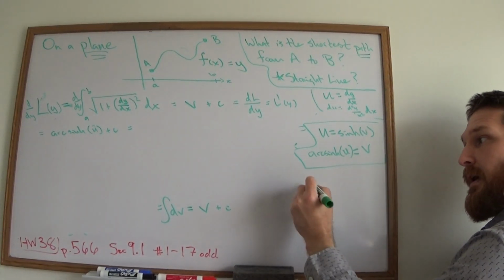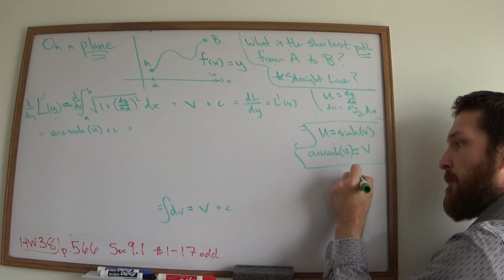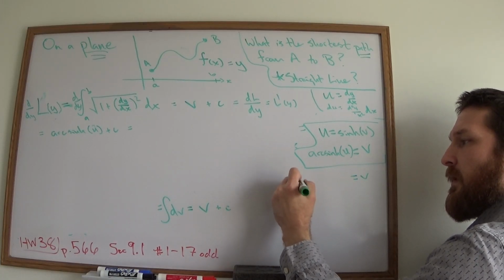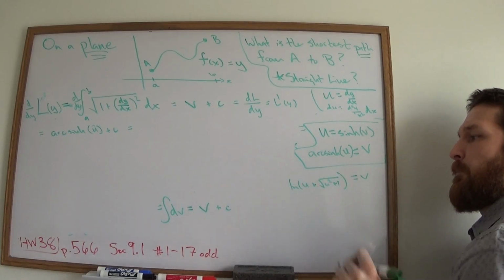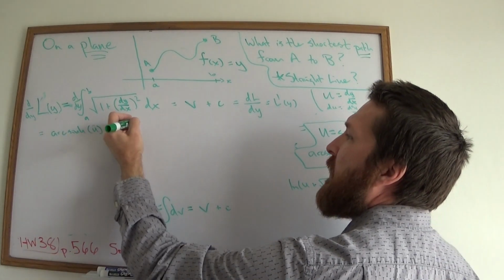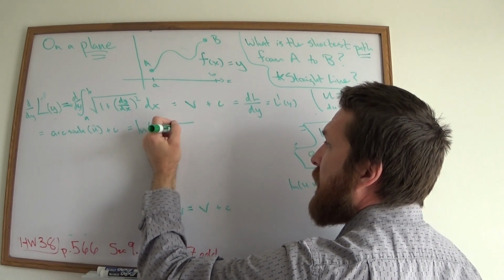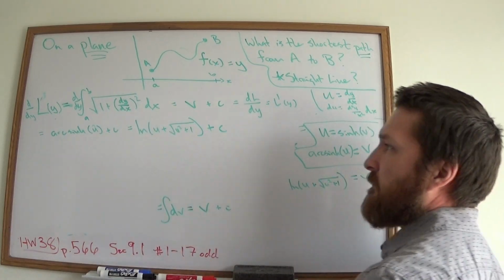Arc sinh u, like I said before, is the same thing as log of u plus the square root of u squared plus 1. So we have log of u plus the square root of u squared plus 1, plus a constant.